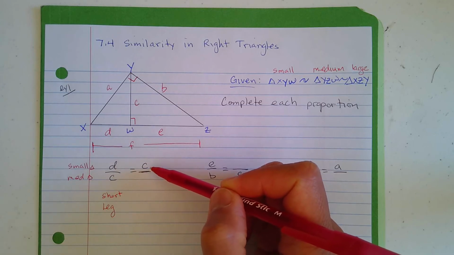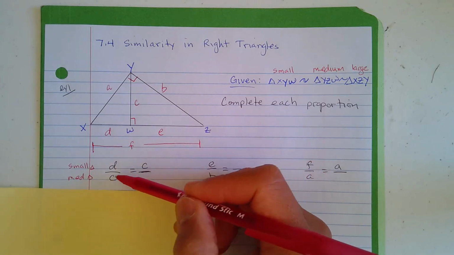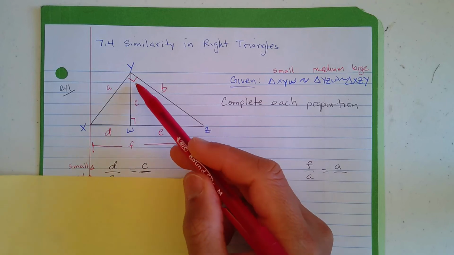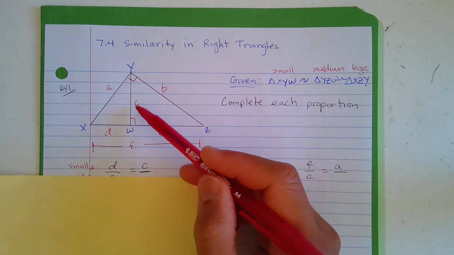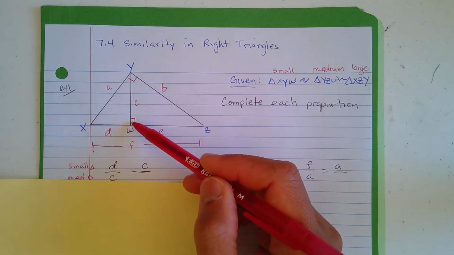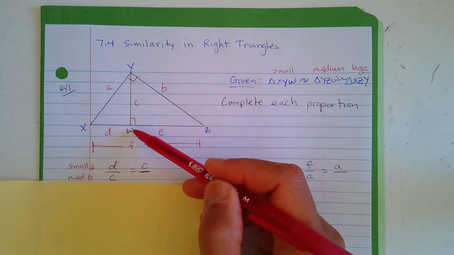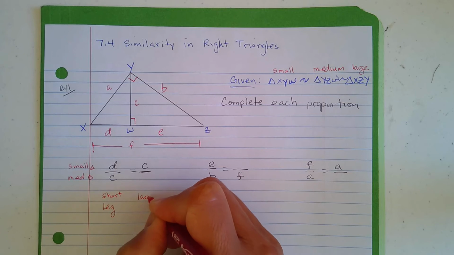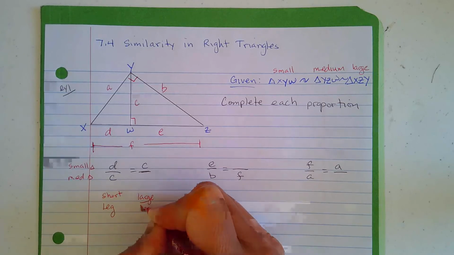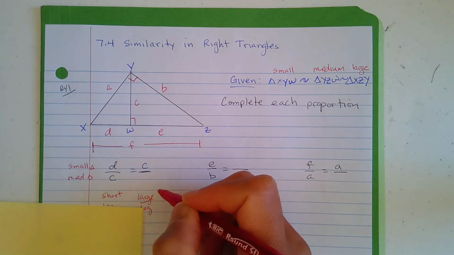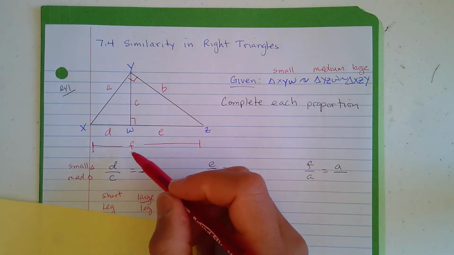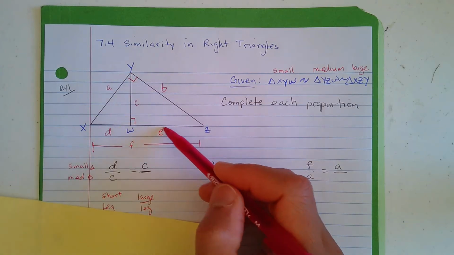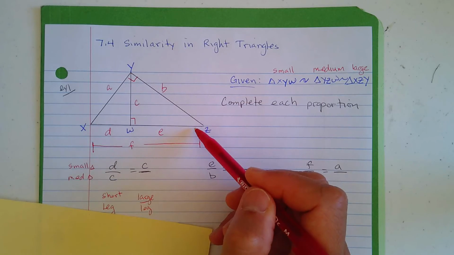Now let's look at this. Look at the small triangle, side C. Isn't this the larger leg? So that's the long leg. And look at the medium triangle. Which is the long leg of the medium triangle?